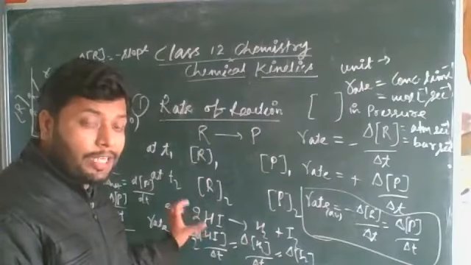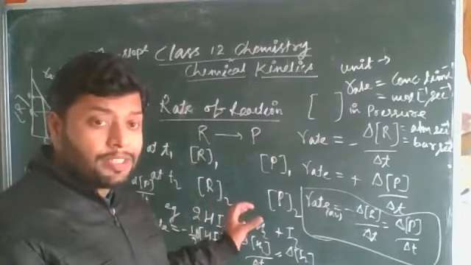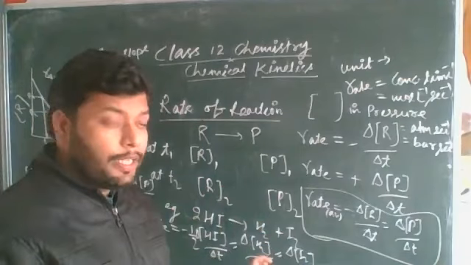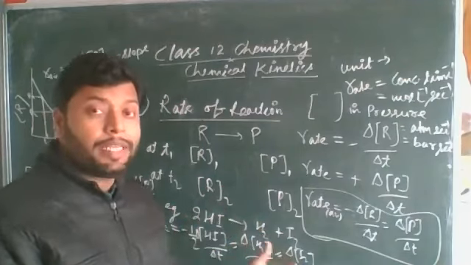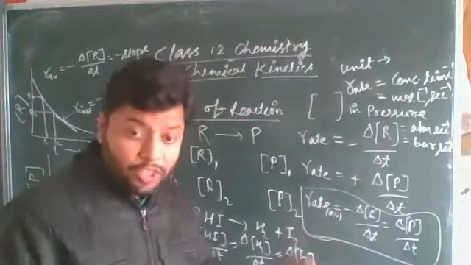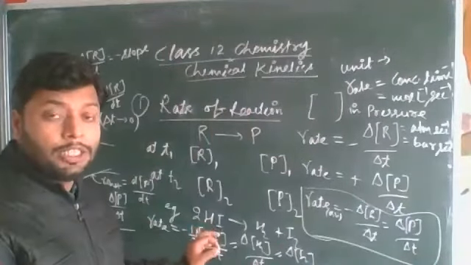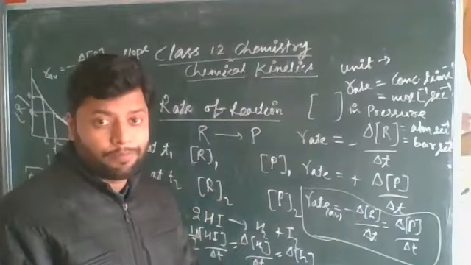You should draw the information that if stoichiometric coefficients are present, they must be inverted, they must be reciprocal, to define the rate of reaction together in terms of reactants and in terms of product.